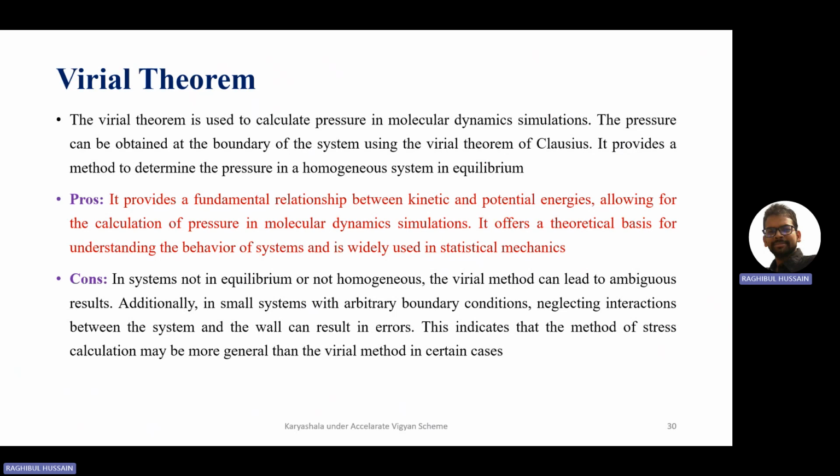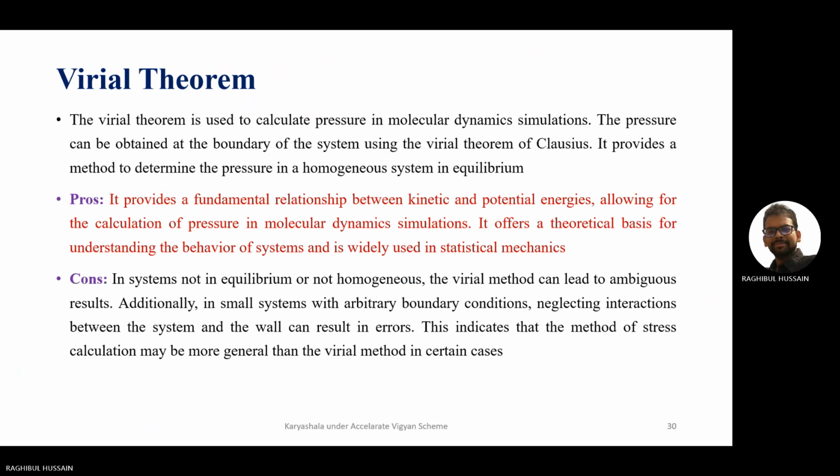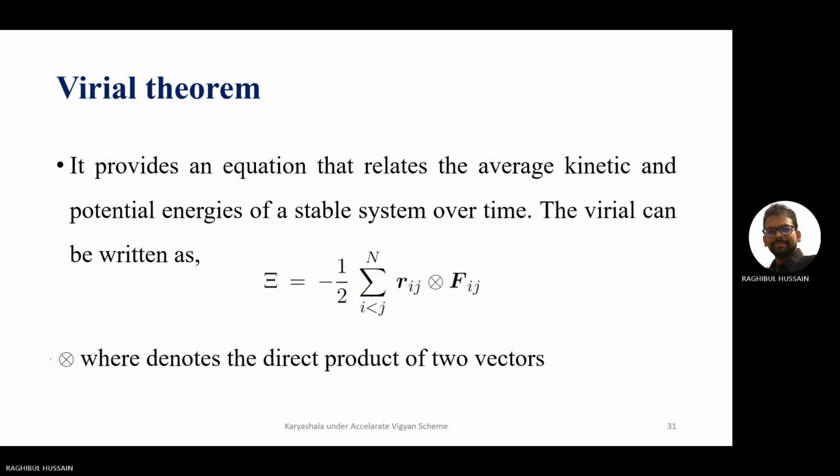Additionally, for small systems with arbitrary boundary conditions, some interactions are neglected, which can result in some error. So this indicates that the method of stress calculation may be more general than the Virial method in certain cases. So this is all about the theory. That is the mathematical form.